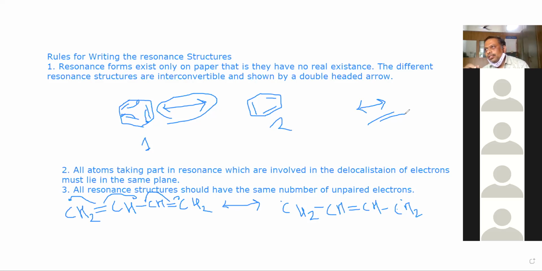And planarity loss झाली तर resonance होणार नाही. And all resonance structures should have the same number of unpaired electrons. Here 0 unpaired electrons and here 2 unpaired electrons. They are not correct. इथं जर 0 असले तर इथं पण 0 च पाहिजे, त्यावेळेस हे resonance होईल.